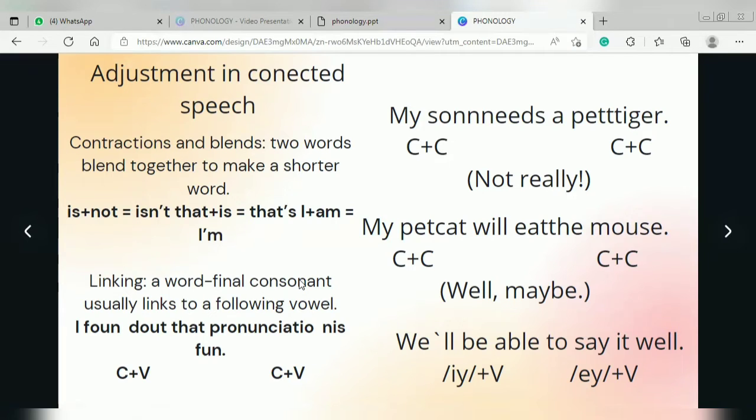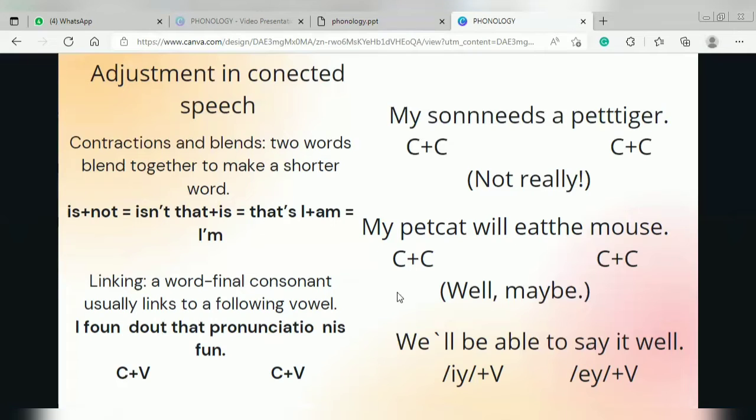On the other hand, we have linking. Linking occurs when the last sound of one word is often linked or blended with the first sound of the next word, so that the two words sound like one unit.